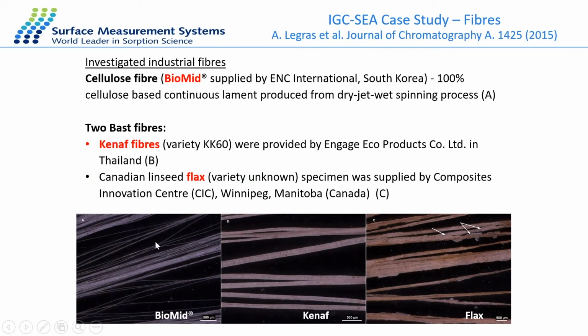There are no defects on the surface. We also measured 2 other natural fibers, a kenaf and a flax fiber. The surface of these 2 natural fibers wasn't that smooth, and you can see there are some defects, and especially in the case of the flax fiber, there are a lot of surface irregularities.